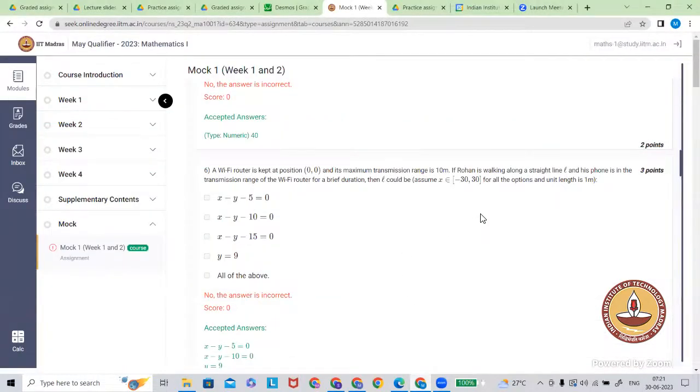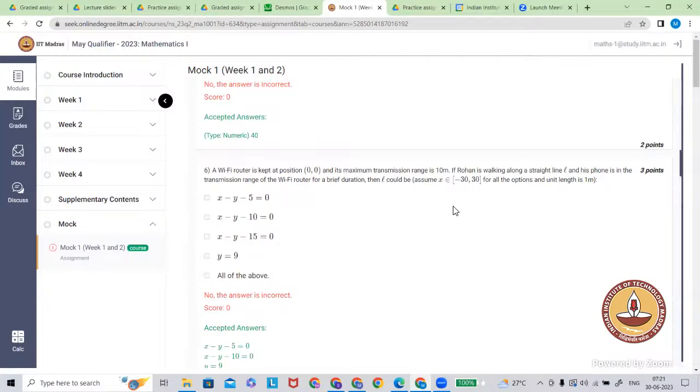Now Rohan is walking along a straight line L and his phone is in the transmission range for a brief duration. Then L could be what?